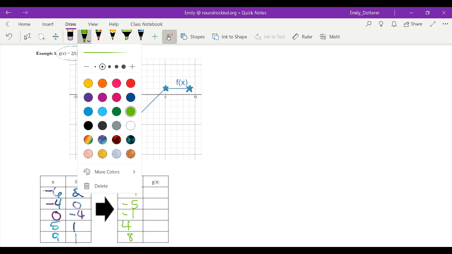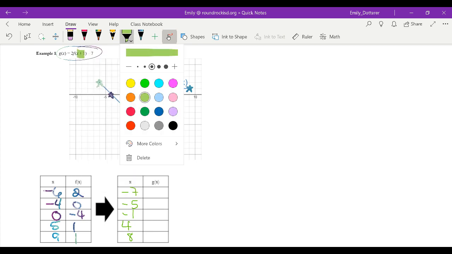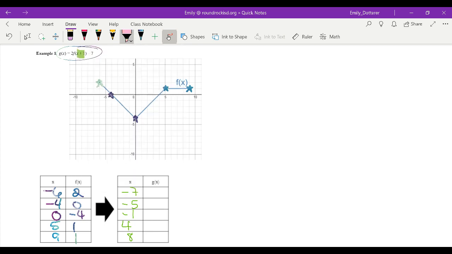Now we need to do our y values. So our a value is 2, our d value is -7. So we're going to multiply each of those by 2 and then subtract 7.